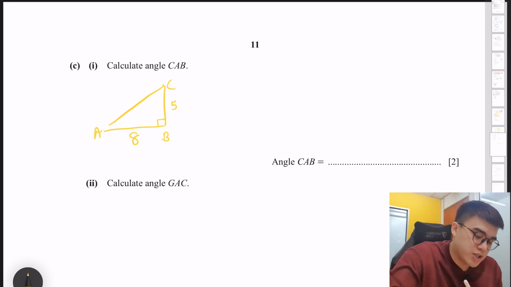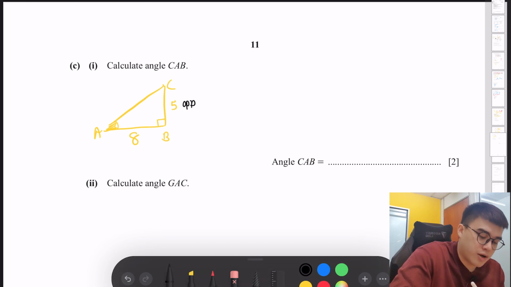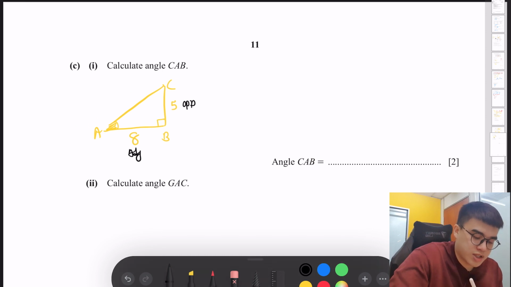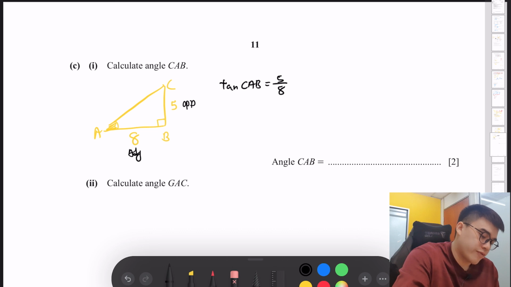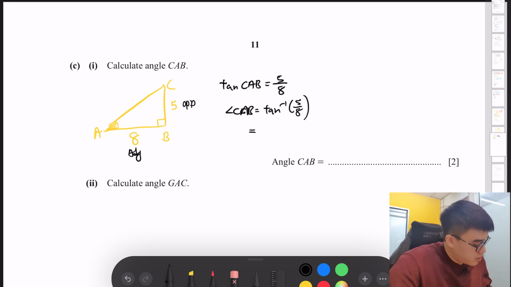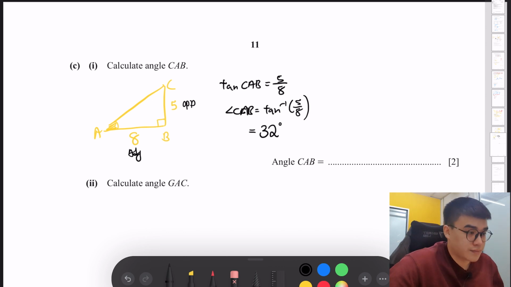So with all this information, if you want to find this, the 5 will now be the opposite and this will be the adjacent. So tangent CAB equals 5 over 8. Angle CAB is actually tangent inverse 5 over 8. So the answer for this is actually 32 degrees, right?